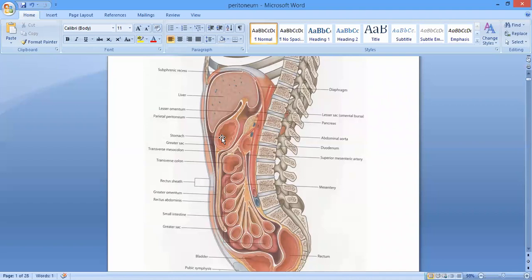This is the stomach, and here you can see a layer of peritoneum extending from the stomach to the liver; this is called the lesser omentum. Omentum is a term we use for a two-layered fold of the peritoneum, which connects the stomach to the other viscera.